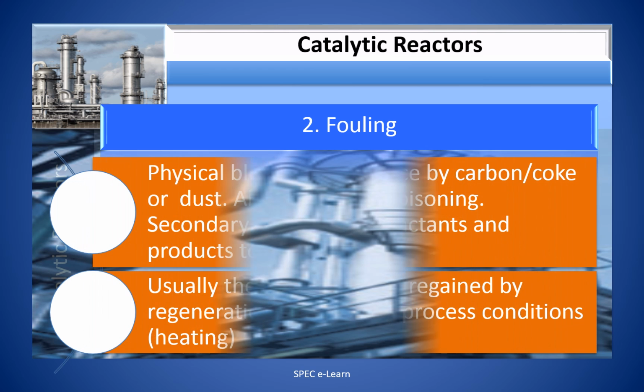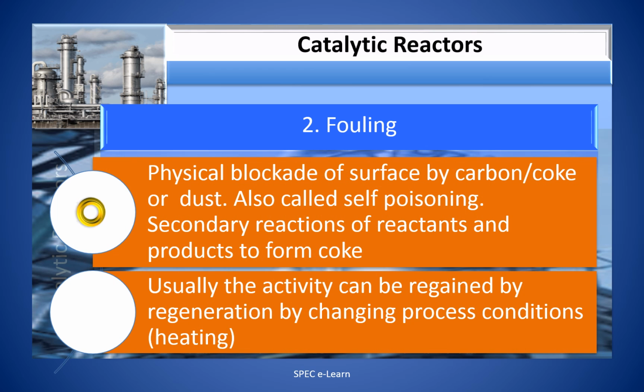Fouling. Physical blockade of the surface by carbon or coke or dust, also called self-poisoning, caused by secondary reactions of reactants and products to form coke. Usually, the activity can be regained by regeneration, by changing process conditions, that is, by means of heating.